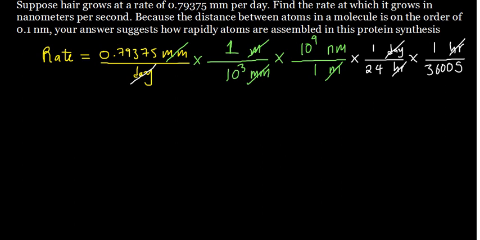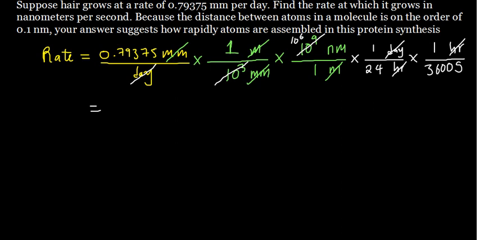So all we do is multiply this, then you would have found your answer in nanometers per second. So what we have is 0.79375. Here I can say 10 to the power 3 can go into 10 to the power 9, the answer will remain 10 to the power 6.